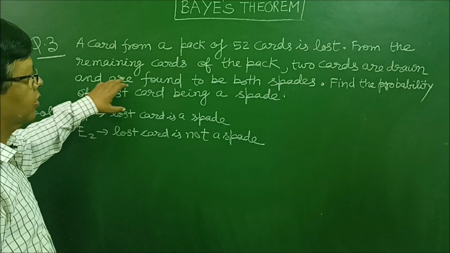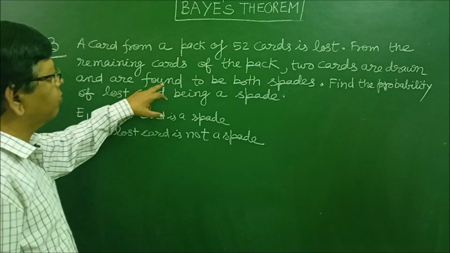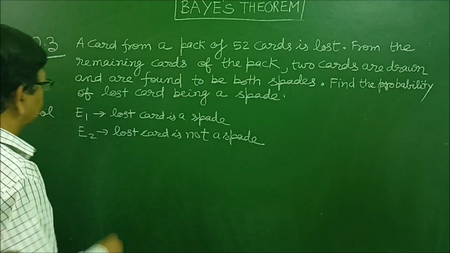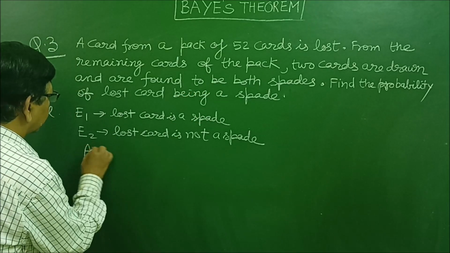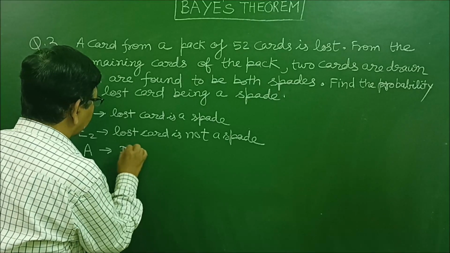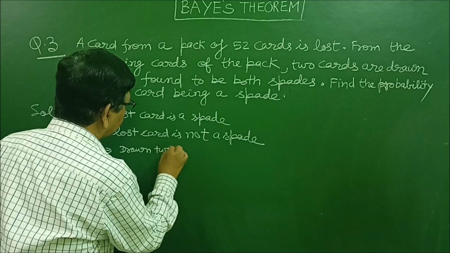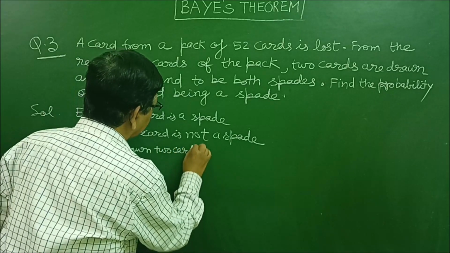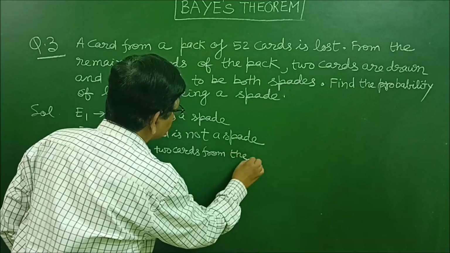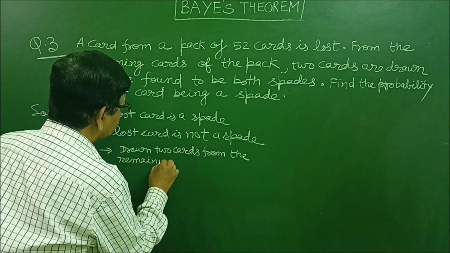Now what is given? In the last, two cards are drawn and are found to be both spades. So this is the event A: the drawn two cards from the remaining are spades.